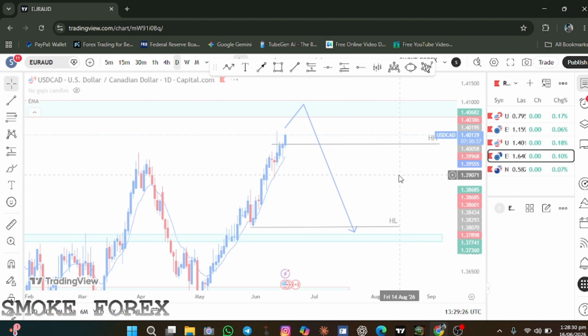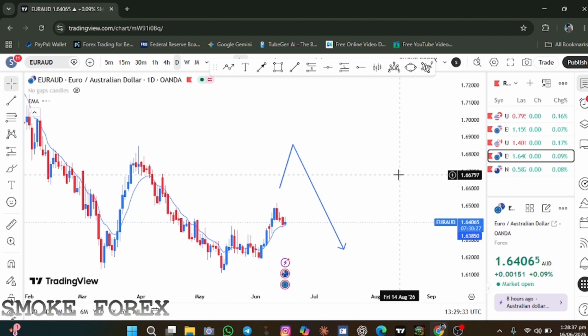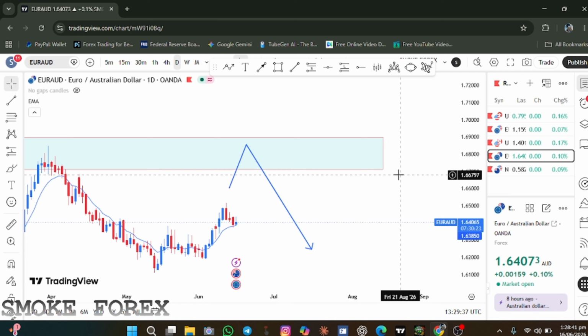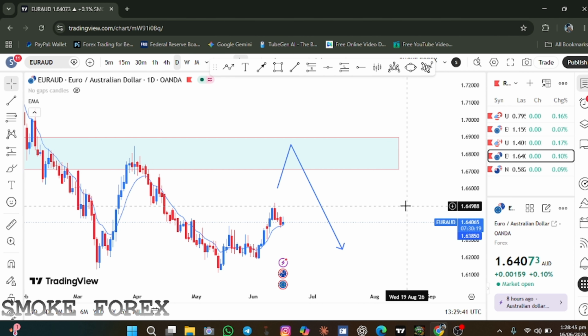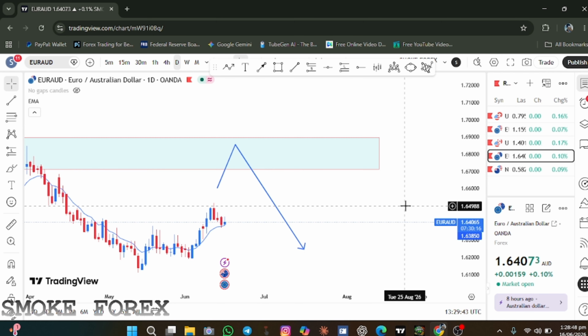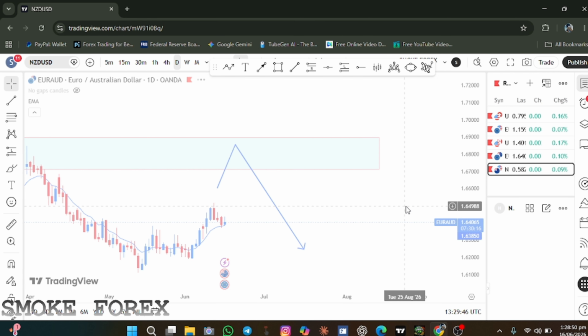Still waiting. I'm already in the USD CHF. I think that might be the trade that could be making me money this week. Euro AUD hasn't done the perfect retest that I need, so I'm not in the trade.